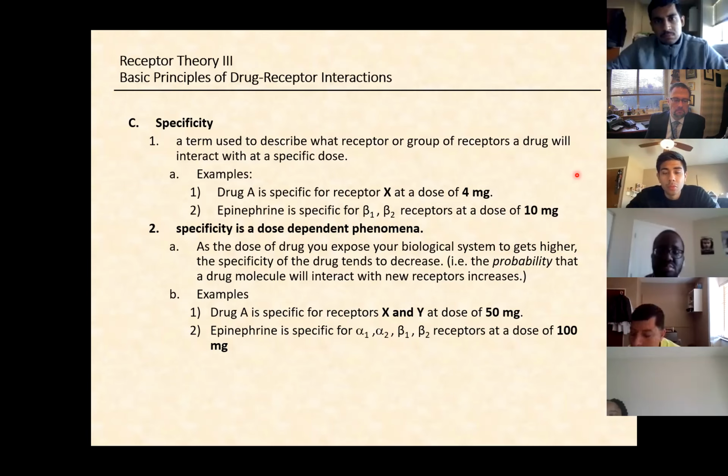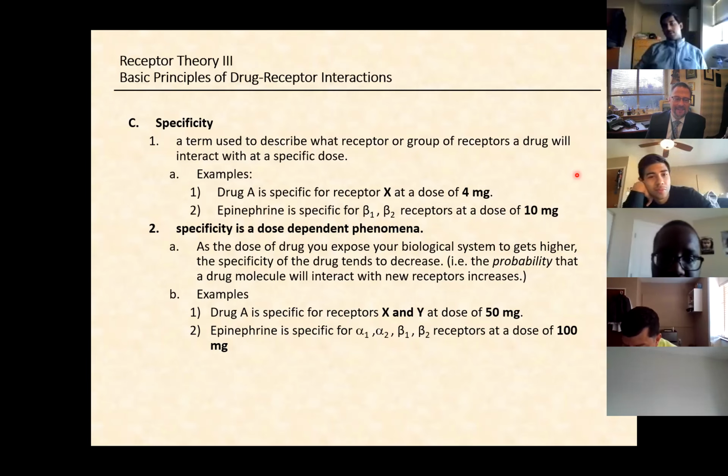If we're increasing the dose, why wouldn't it be that, instead of going back to alpha and beta, it goes back to alpha 1, 2, 3, 4, versus alpha and beta, if you understand what I'm asking?